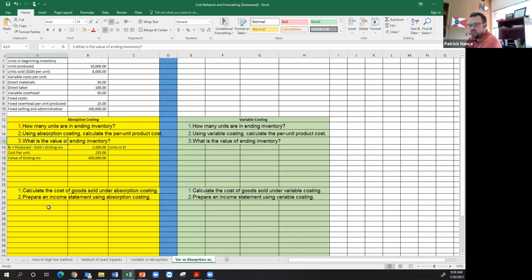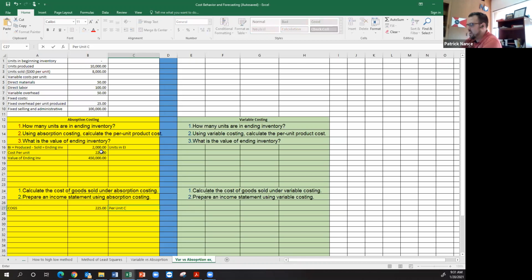Second part of this question, it asks us to calculate the cost of goods sold under absorption costing and prepare an income statement under absorption costing. So for cost of goods sold, since we already know that each unit costs us $225, which we found in the prior problem, that is my per unit cost.